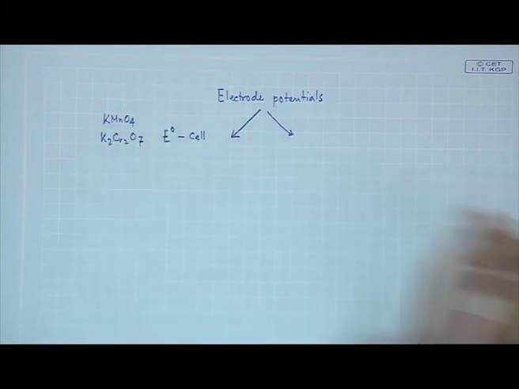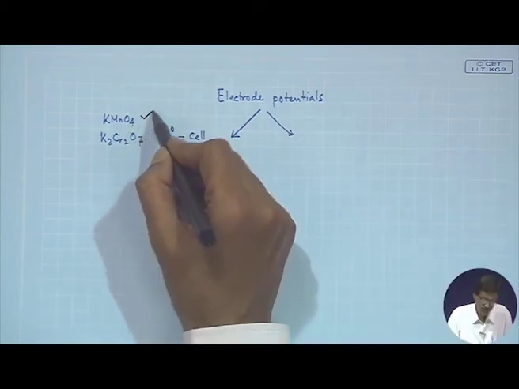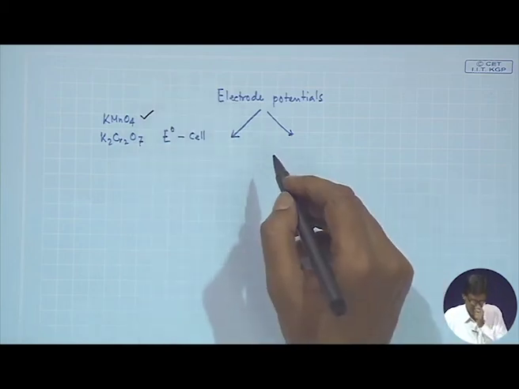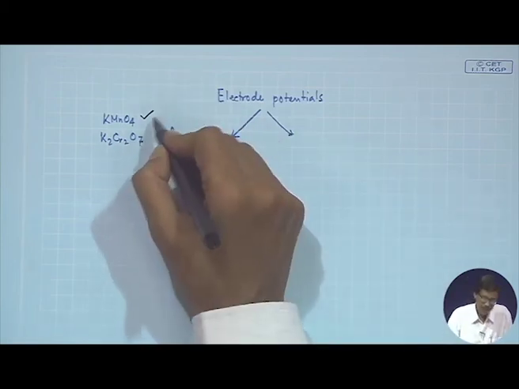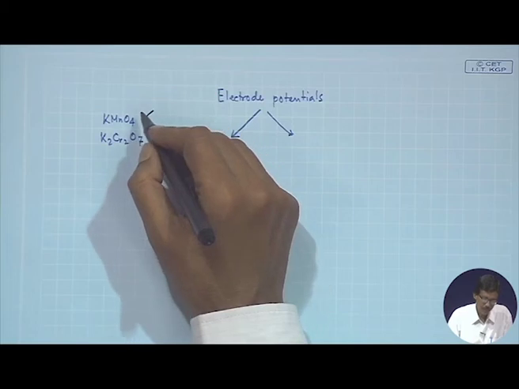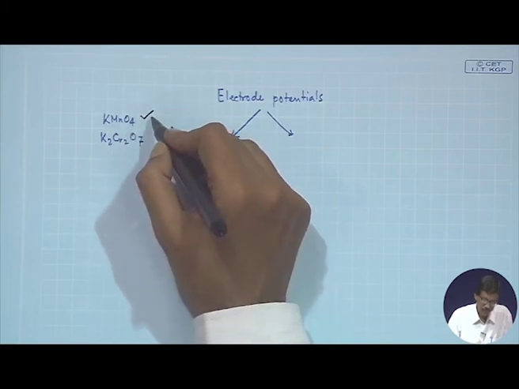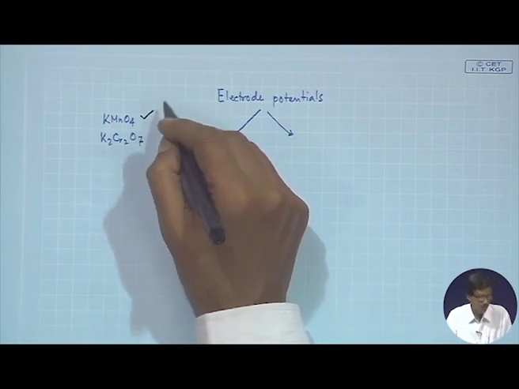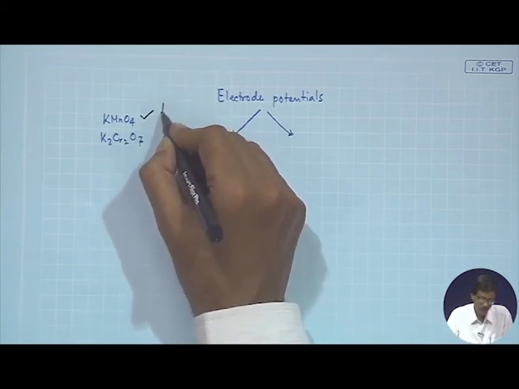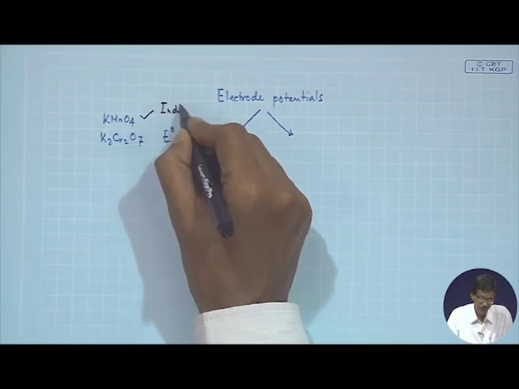But when we use these as the oxidizing agent, so your substrate can be oxidized, and at this point you just ask yourself whether we need any indicator or not.